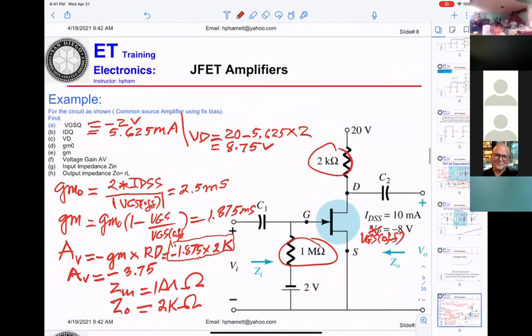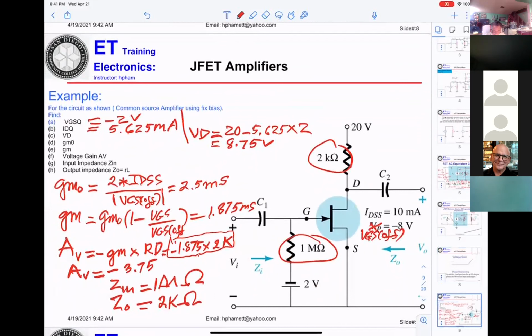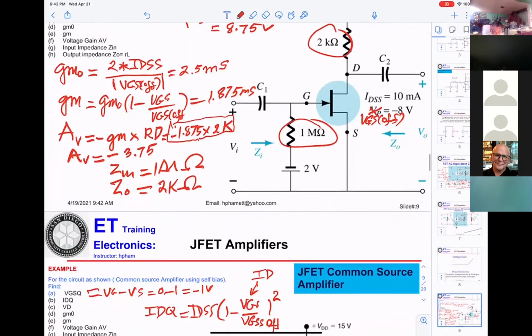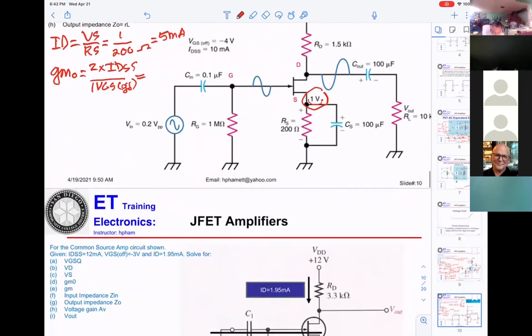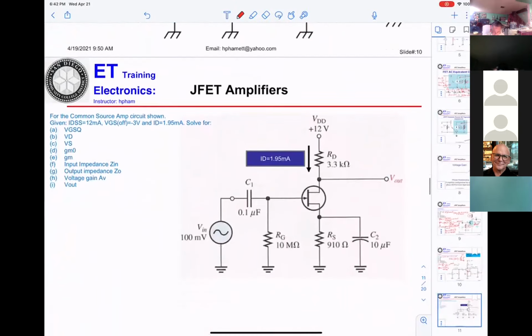They use the fixed bias to build the amplifier. Again, I want you to make sure you understand: you can get fixed bias, self bias, or divider bias. They can use either type of bias to build the amplifier. So, common source, that one you have to do. And that one also, common source.